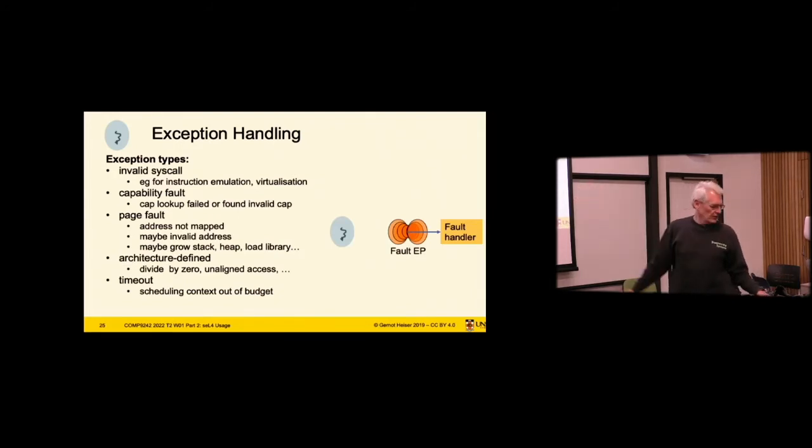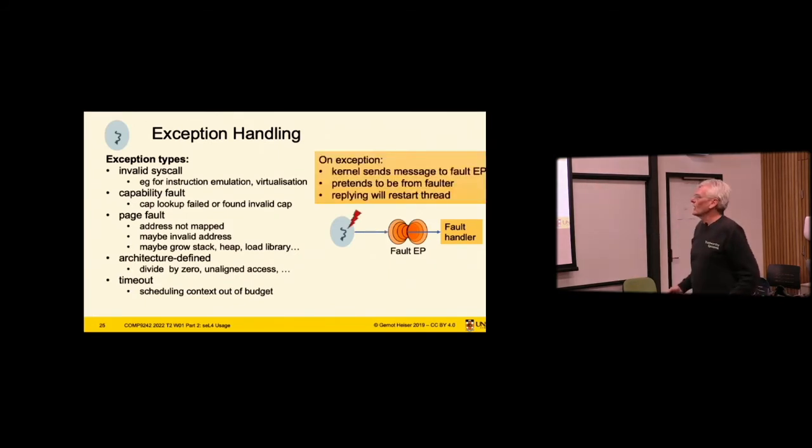So your thread executes, it triggers these exceptions, and that literally gets simulated by the kernel as a call on the fault handler. So your fault handler is a server that listens to this endpoint, and when the exception happens, the kernel basically fakes a call.